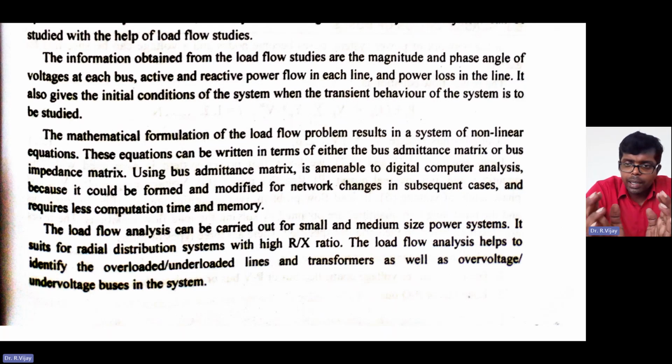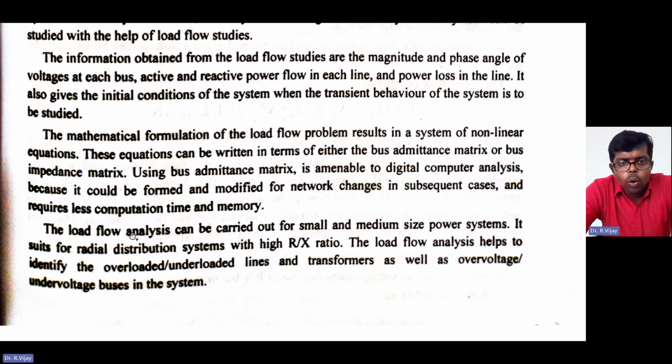And whether you get a precise, correct answer or not is also doubtful. So the computation time for analysis of that particular problem should be very, very less so that you get the answers quickly. This point you need to stress: what is the significance.